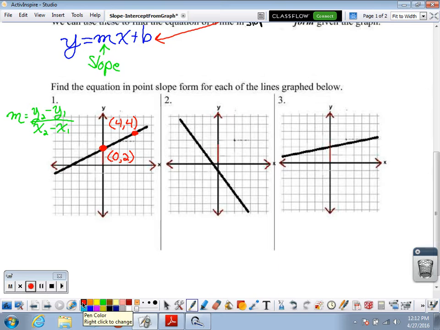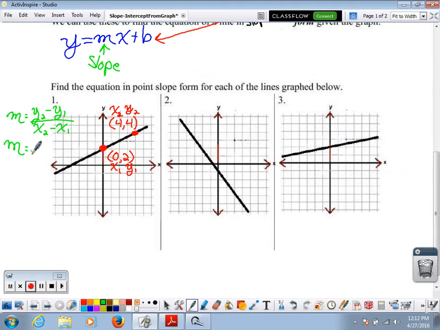And what else did we say we do with those points? At the start, every single time, how did we start? Stephen? Label those points. So let's call 0 x1 and 2 will be y1. And then 4, 4 will be x2, y2. Okay, now let's take those numbers and sub those in.